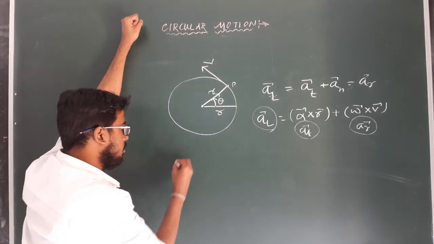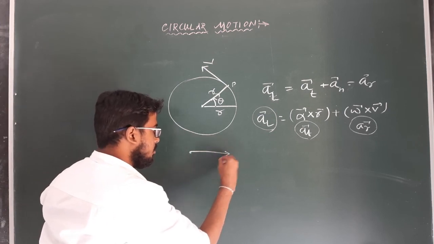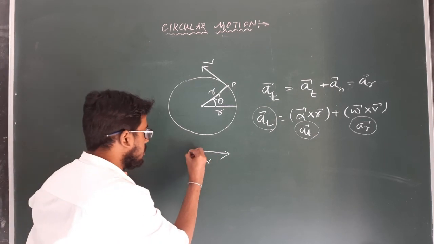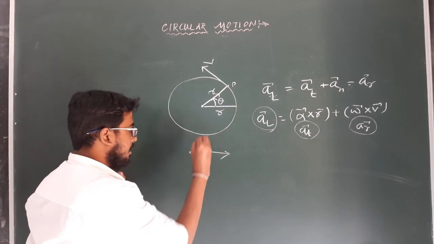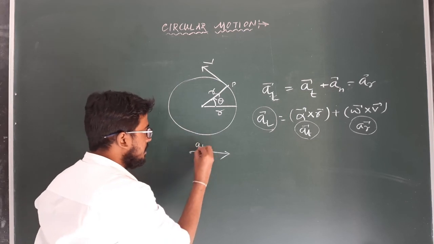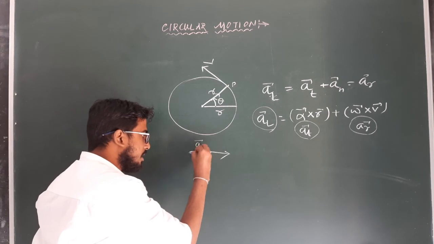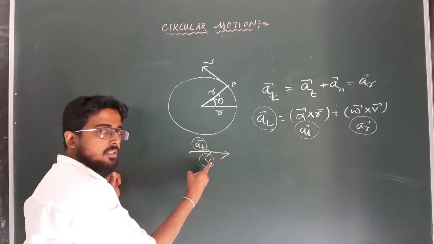As we already know, if a body is moving in a certain direction with certain velocity v, and that body has some acceleration along the direction of velocity, let a tangential, then this acceleration causes a change in the magnitude of velocity only.